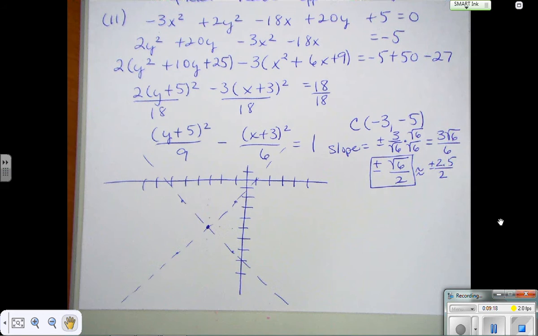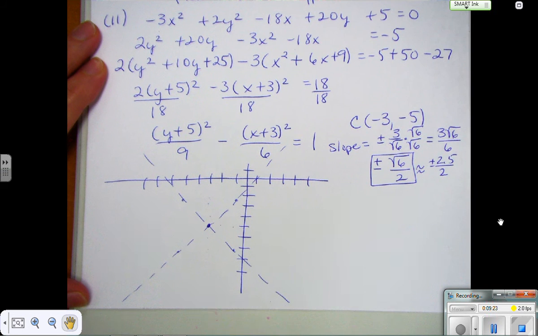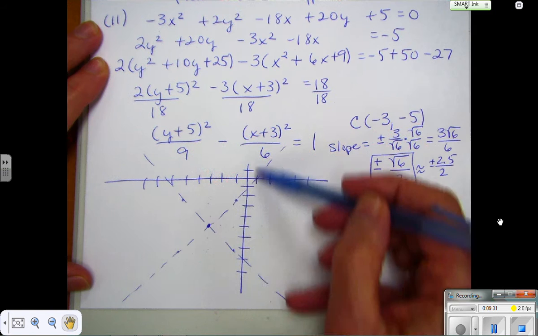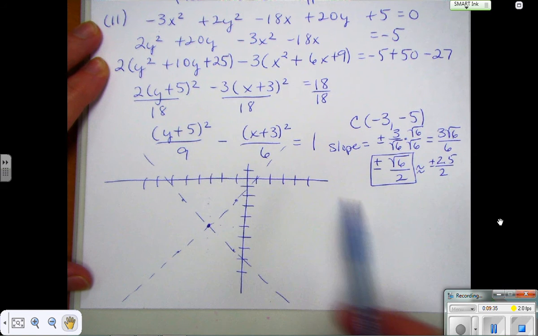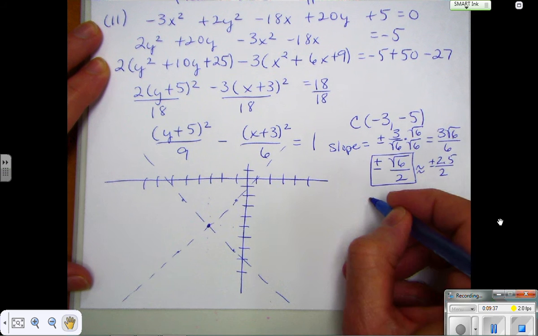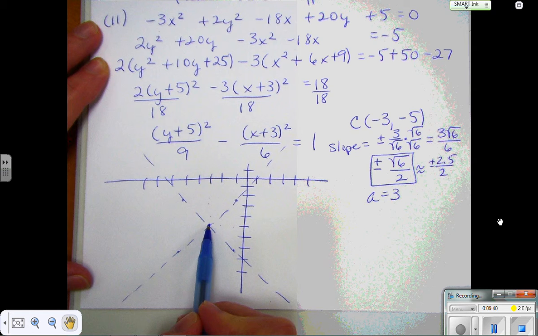Okay, so which way is this going to open since y is positive? Vertical. Yeah, your y-axis is vertical, so since y is positive, it's going to open vertically. My a is 3. That means that the vertex is 3 units away from the center.